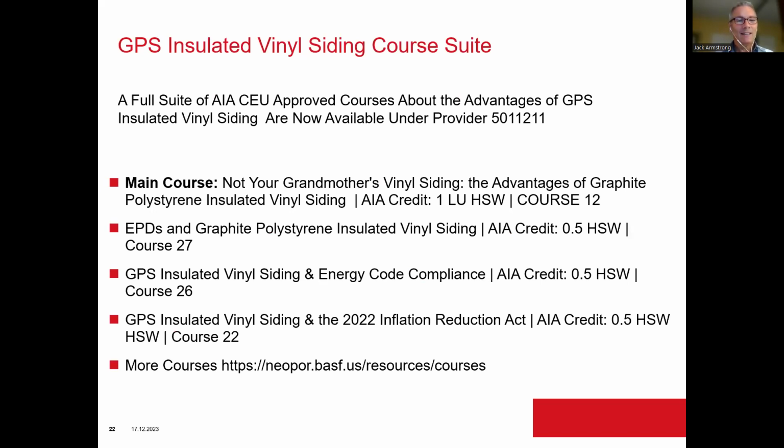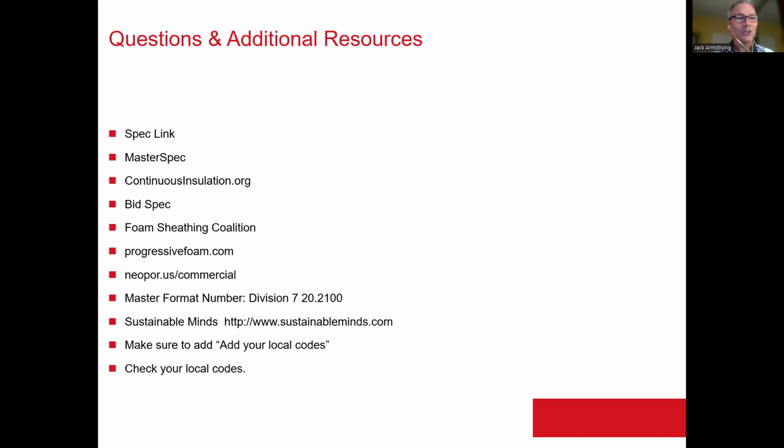So now let's finish off with some resources that you can use in the event that you'd like further information. Additional links for SpecLink, MasterSpec, continuousinsulation.org, BidSpec. Also, the Foam Sheathing Coalition has a variety of information available to you.